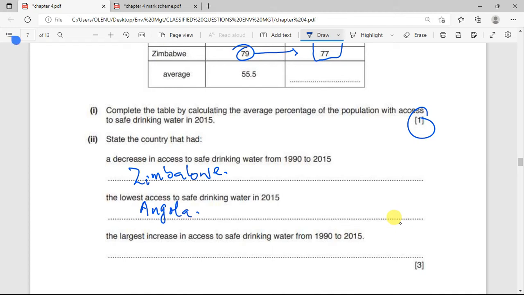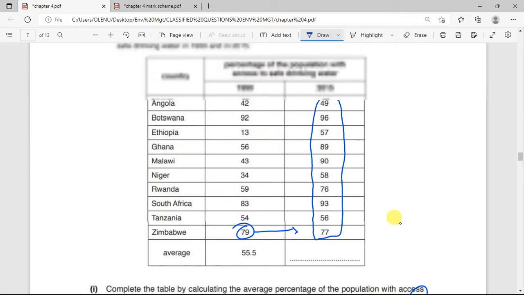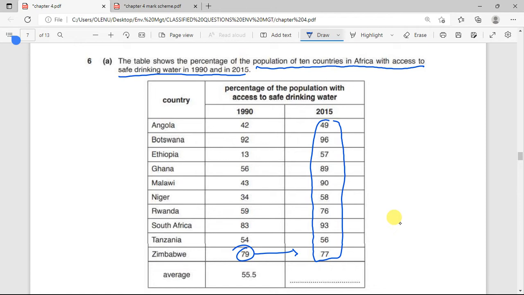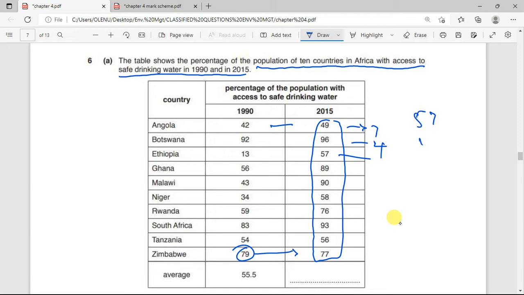The largest increase in access to safe drinking water from 1990 to 2015. For this one, you have to check the increase for each country. Here the increase is 7. Here the increase is 4. Here 57, 13.